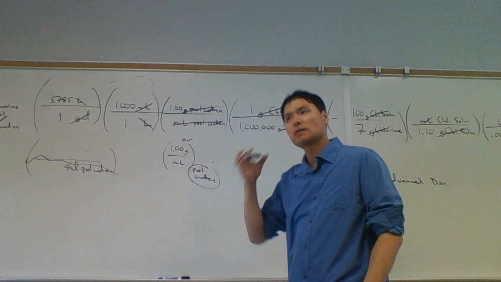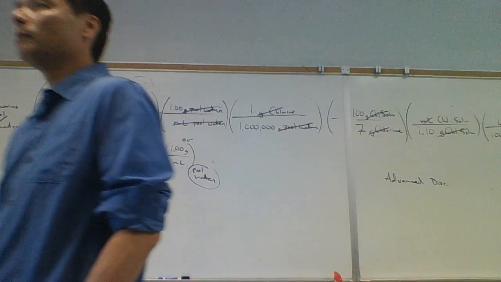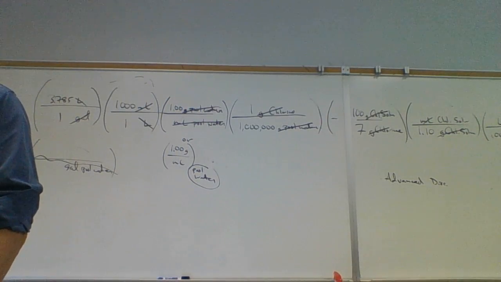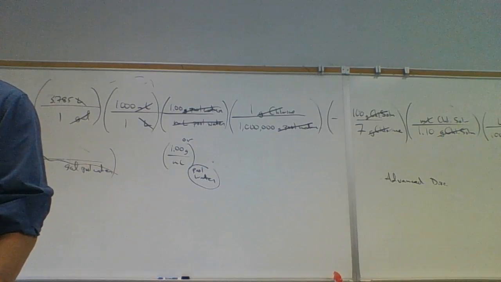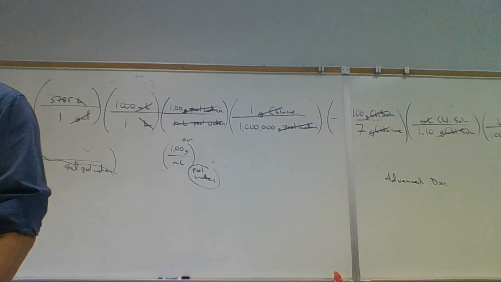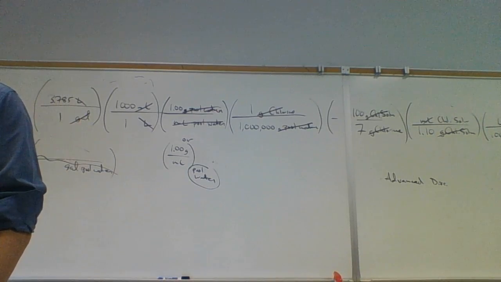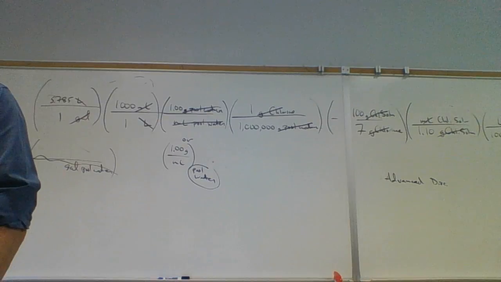And so this is technique number 2 that we use in chemistry. What's the most important technique to know? Dimensional analysis. Now, there are some other mathematical techniques that you need to know. One of them is when you have 2 unknowns.